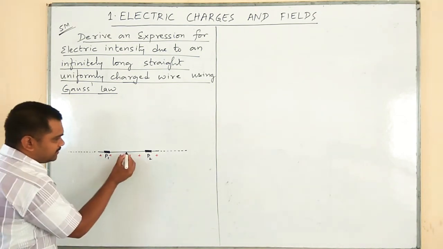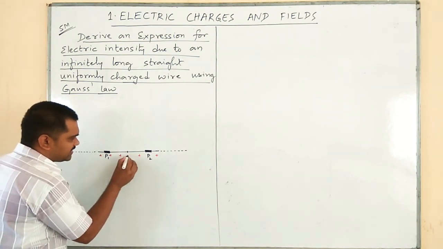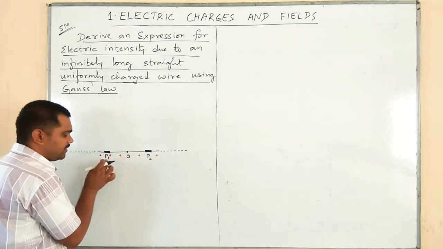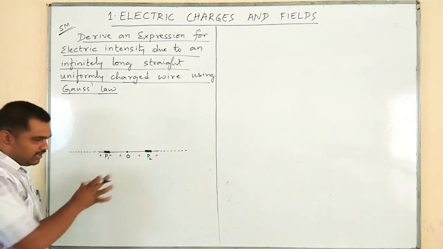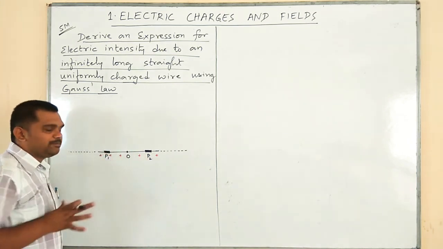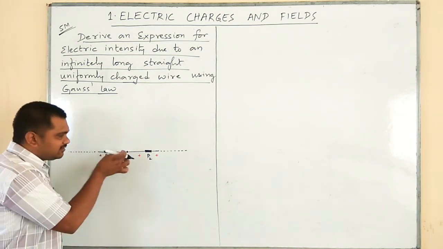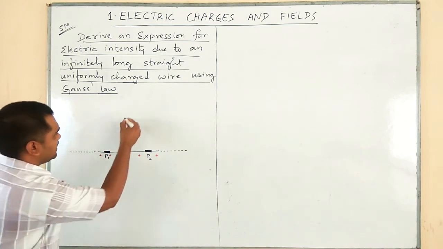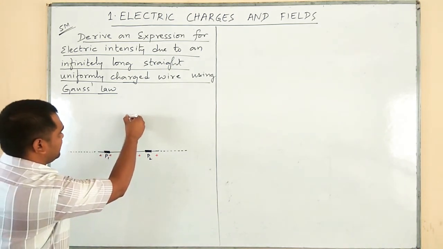Okay, fine. Let O be the center of these points P1 and P2, that is, line elements P1 and P2. If we treat this P1, P2 as a line, then O would be its center, exactly at the center.